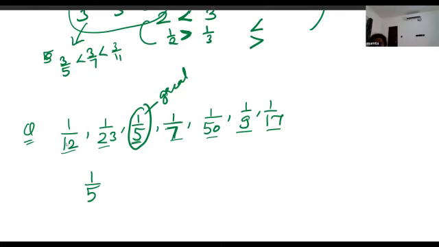In the denominator, which number is minimum? 5. So 1 by 5 will be the greater. Yes, correct. Shritesh, correct.